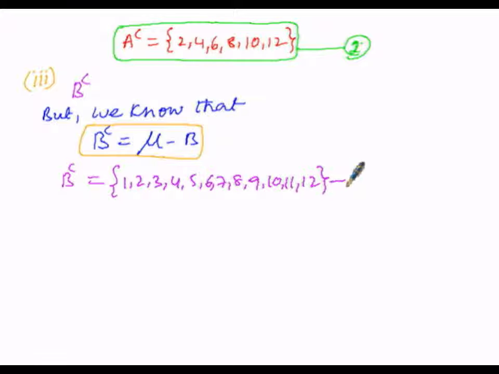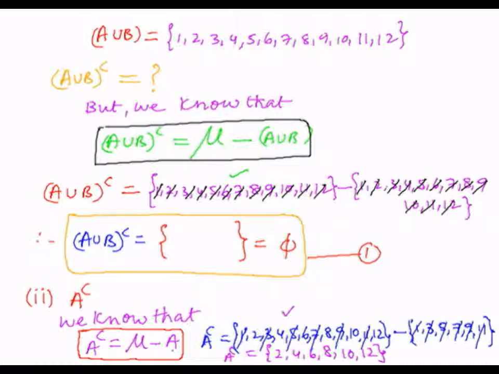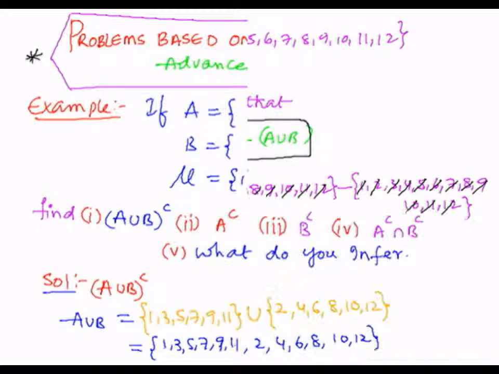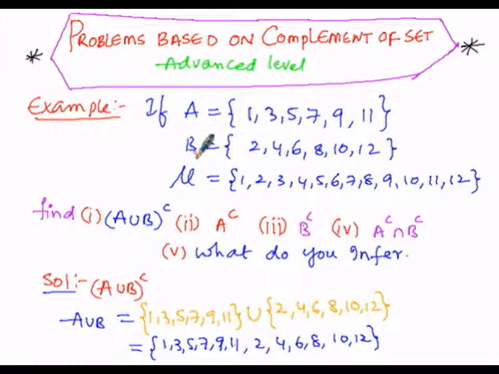Minus the elements of B. The set B elements are of 2 to 12.